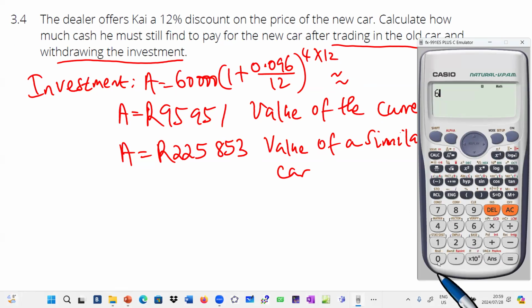So that's 60,000, 1 plus 9.6 over 12 times 100, like 1200, close bracket, you raise to the power 4 times 12.